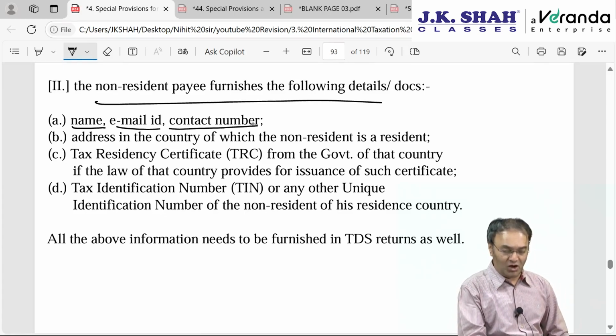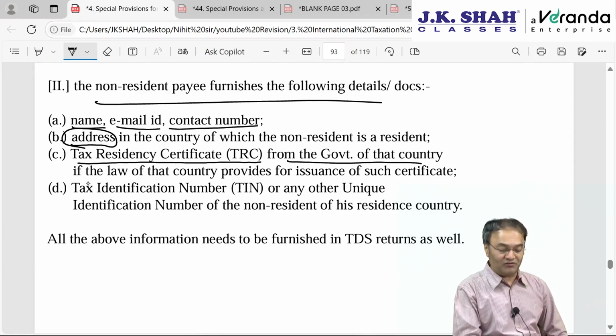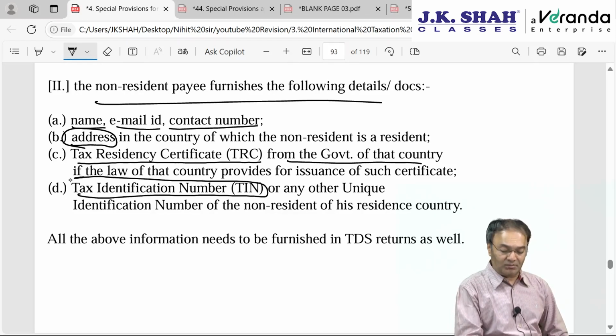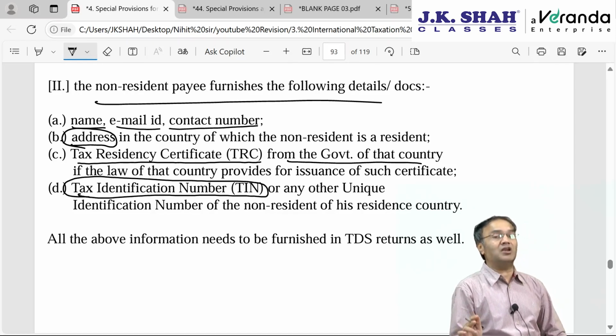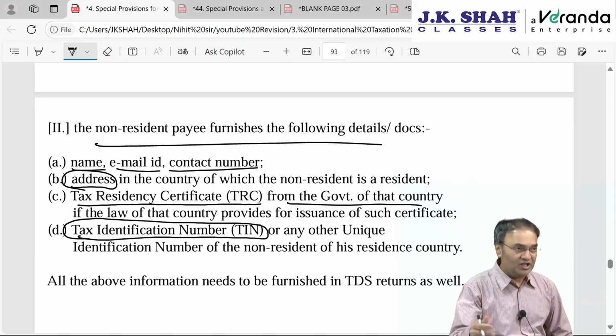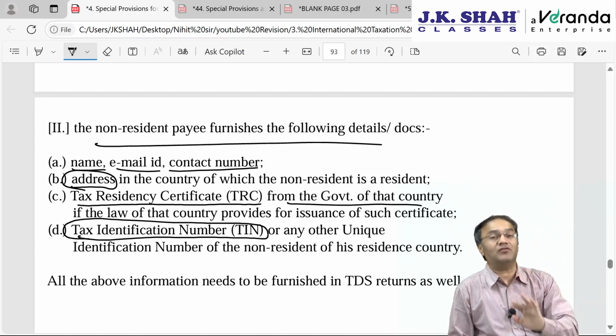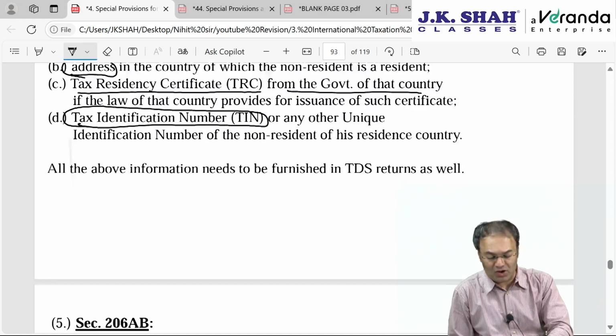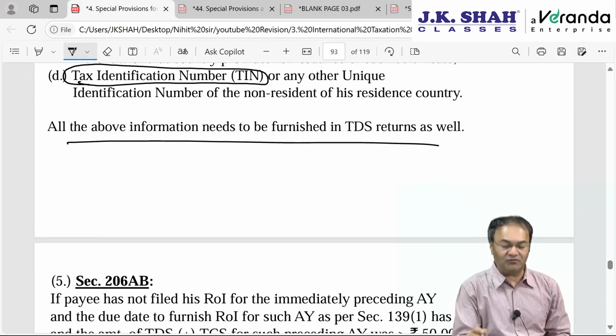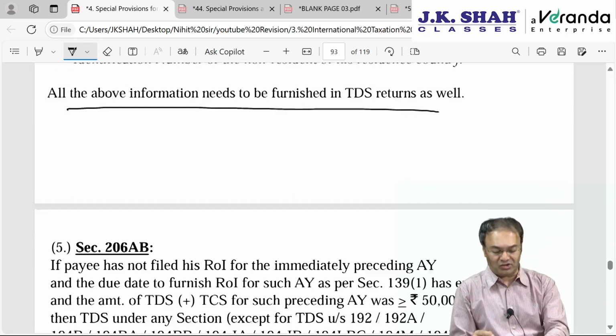Name, email ID, contact number outside India, address outside India, tax residency certificate from the government of that country of which it is resident, and tax identification number, TIN number, or any other kind of unique identification number in case where payee is non-resident and not furnishing PAN number or does not have PAN number. All the above mentioned information will have to be furnished in TDS return also.